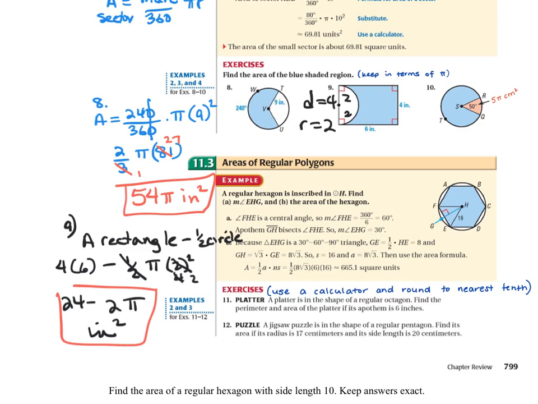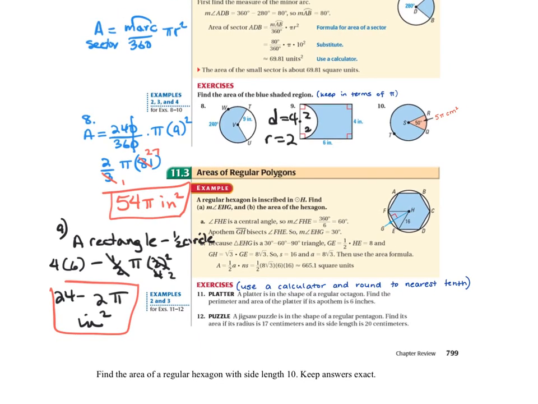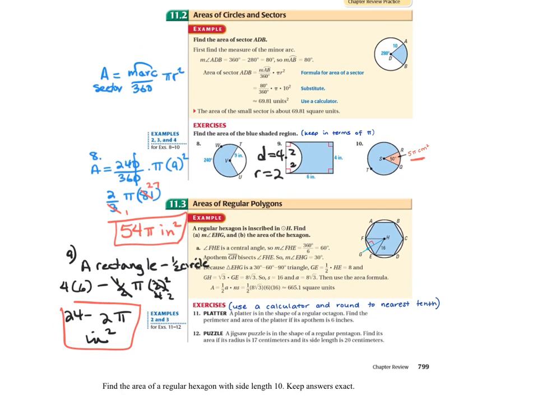Number 10. They've already calculated the area of the sector for me, and they told me that the area of that sector is 5 pi. Now, what I don't know is the length of the radius. So for number 10, we're going to use the formula for area of a sector.